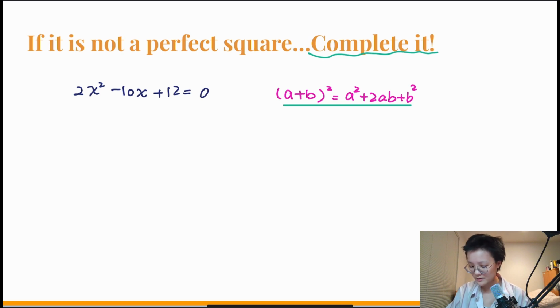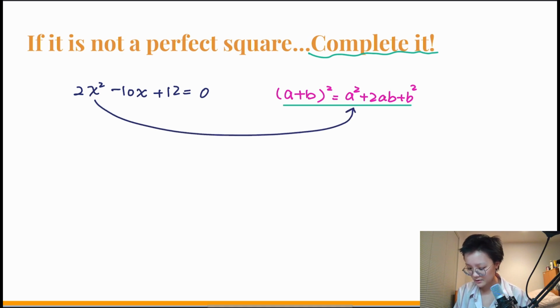Okay, so let's try to match those two equations. The first thing is I don't like this 2 in front of this x squared. So we could divide both sides by 2, and we get x squared minus 10 divided by 2, which is 5x, plus 6 equals 0.